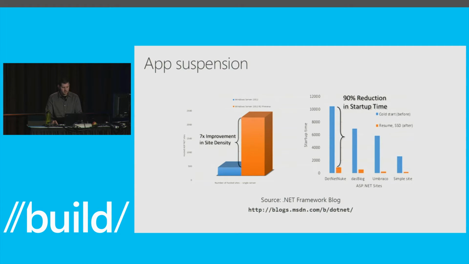So again, this is probably more interesting for hosters than it is for application developers, but I did want to make you all aware of the fact that this feature exists, and we do actually have partners using this in the real world. And they are seeing exactly the performance benchmarks that you were seeing here too.